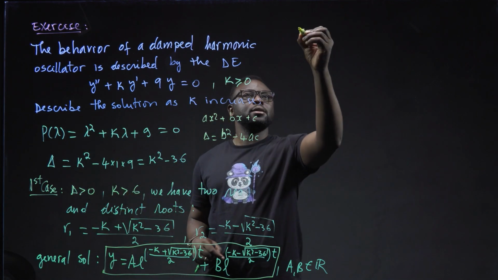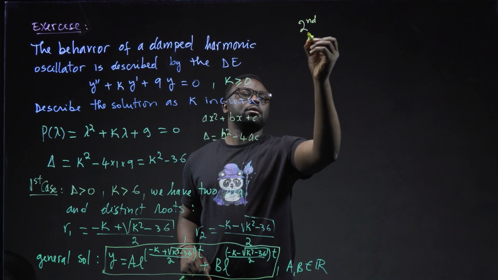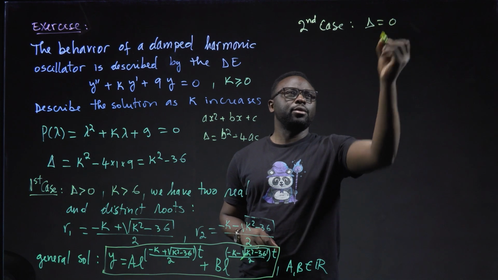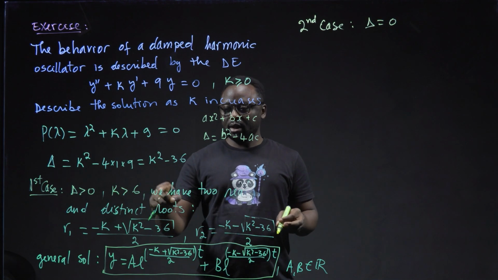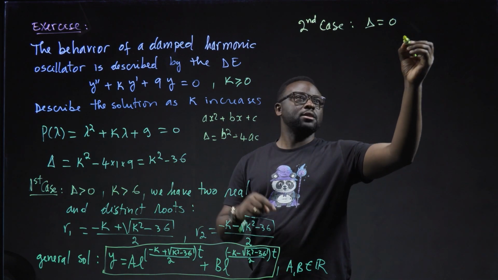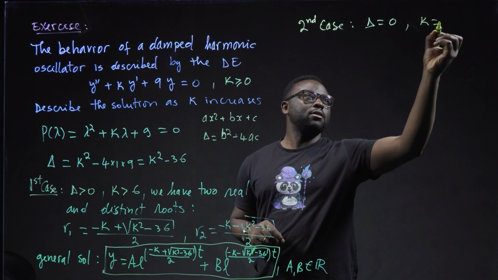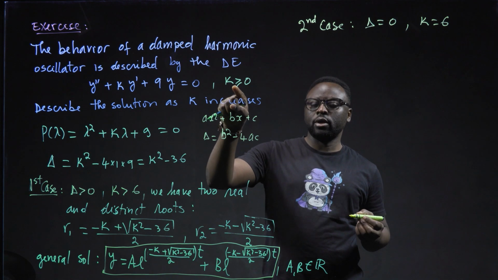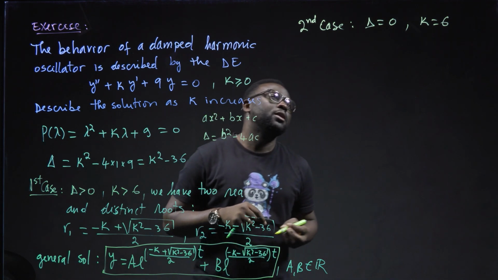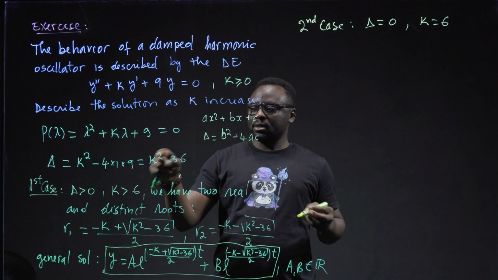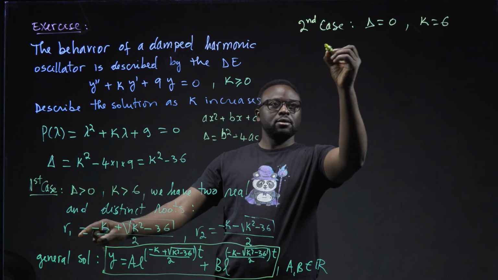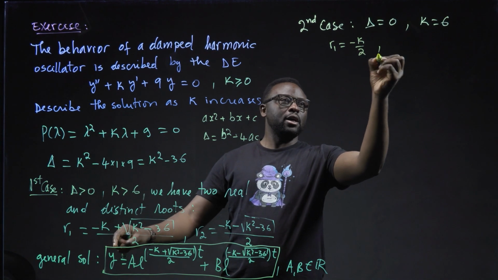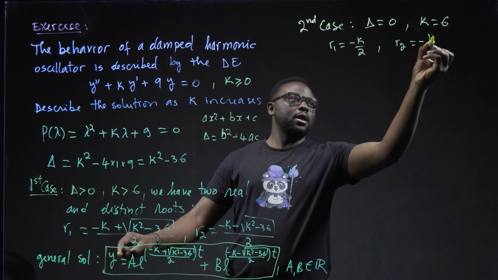Now, for the second case, let's assume that the discriminant is equal to 0. Then k squared minus 36 is equal to 0. This means k is equal to 6, because remember that we have the condition that k is positive or 0. In this case, r1 is minus k over 2, and r2 is minus k over 2.